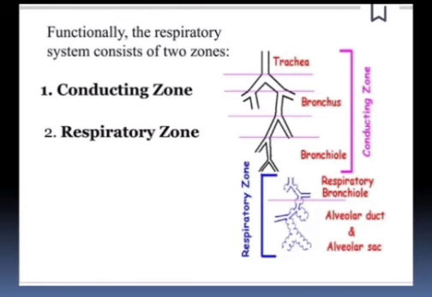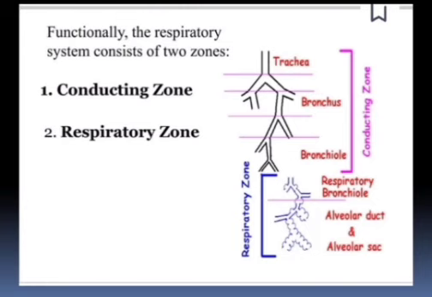So you have the conducting zone and the respiratory zone. Anatomically, it is divided into upper and lower respiratory tract. Physiologically, it is divided into conducting zone and respiratory zone.